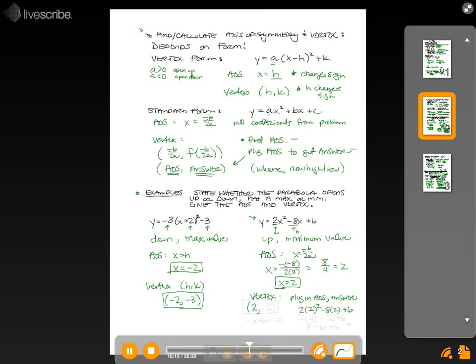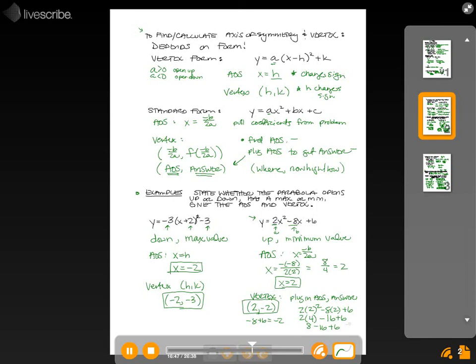Every place I've seen an x, I've plugged a 2 in its place, and now we're going to evaluate this. 2 times, which is now 4 because 2 squared is 4, minus 8 times 2 is 16, plus 6. 4 times 2 is 8, so now I have 8 minus 16 plus 6. 8 minus 16 is negative 8, and plus 6 would be negative 2. So our vertex is 2, negative 2.